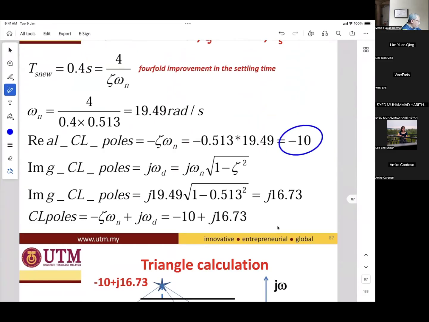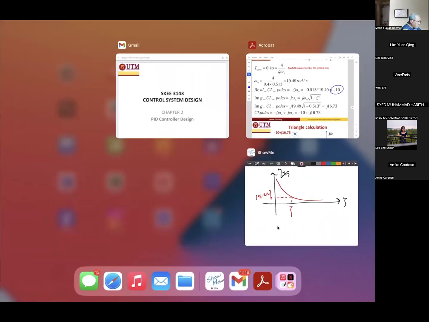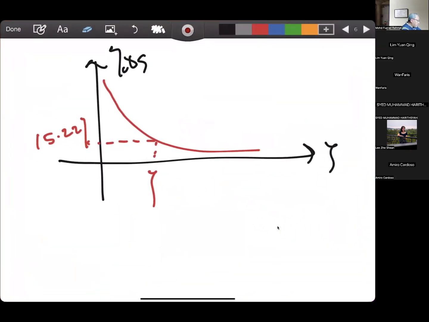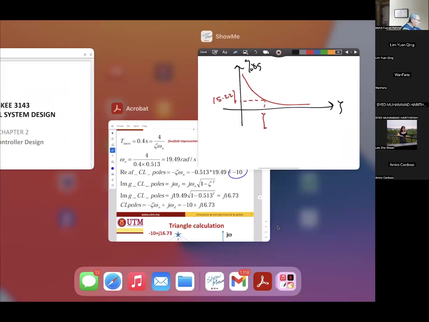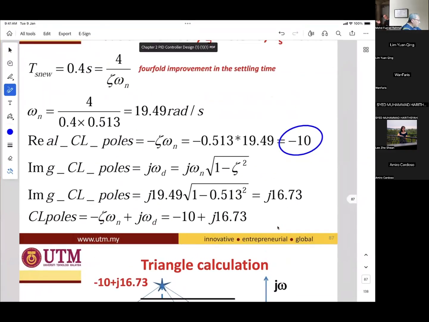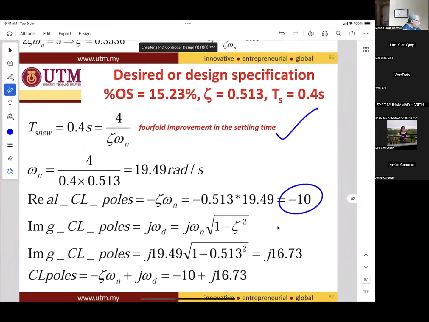The imaginary part is omega n times square root of 1 minus zeta squared. So you have to calculate the omega n value. How do you calculate omega n? If you follow this one, it is a fourfold improvement, so you calculate the new omega n here.